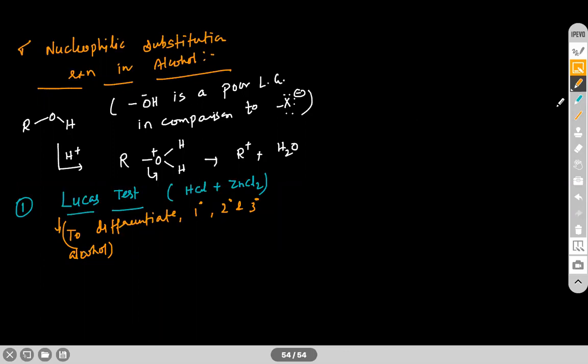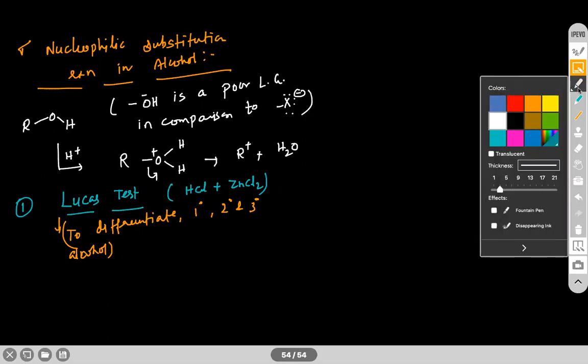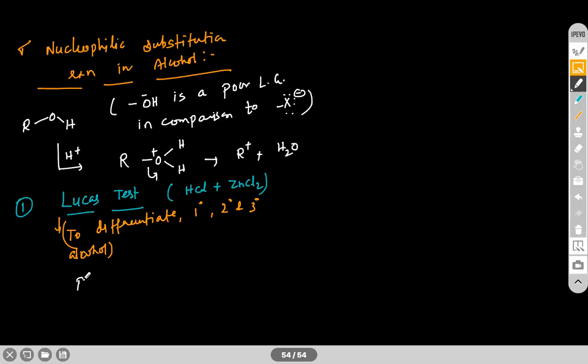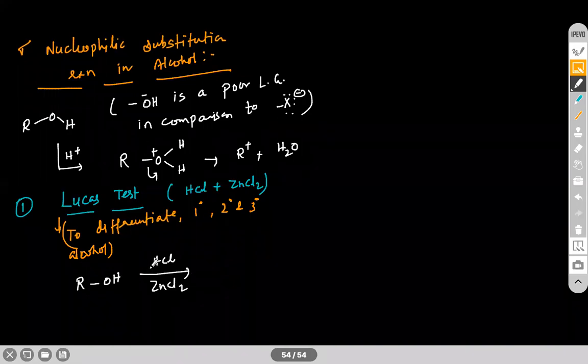So what happens overall, whenever you have an alcohol and this alcohol is allowed to react with Lucas reagent, which is concentrated acid with ZnCl2, it forms alkyl halide RCl and a white turbidity appears here.